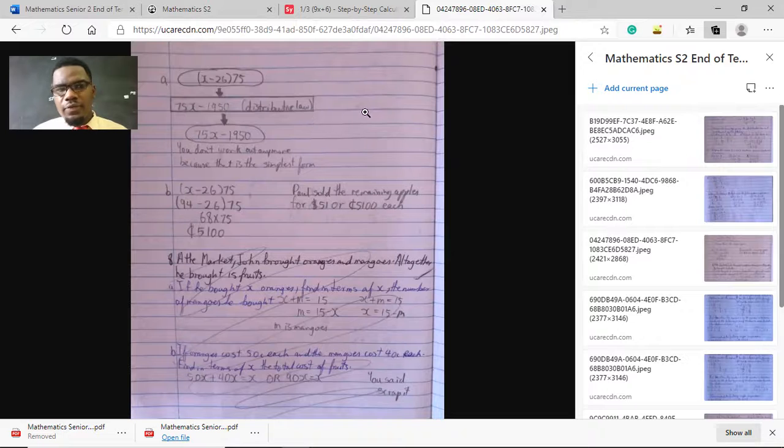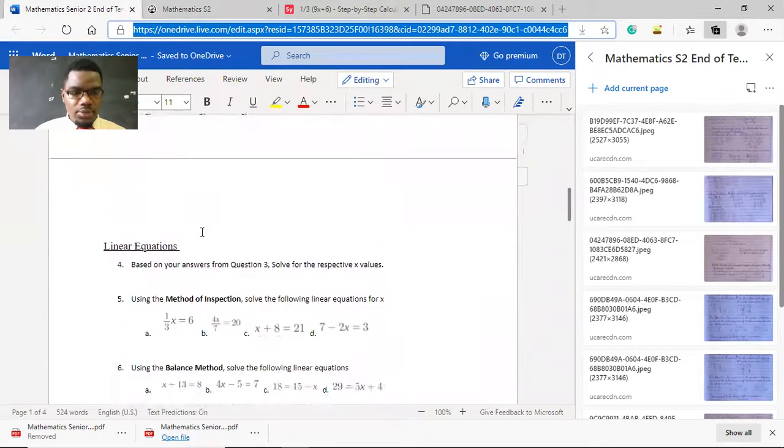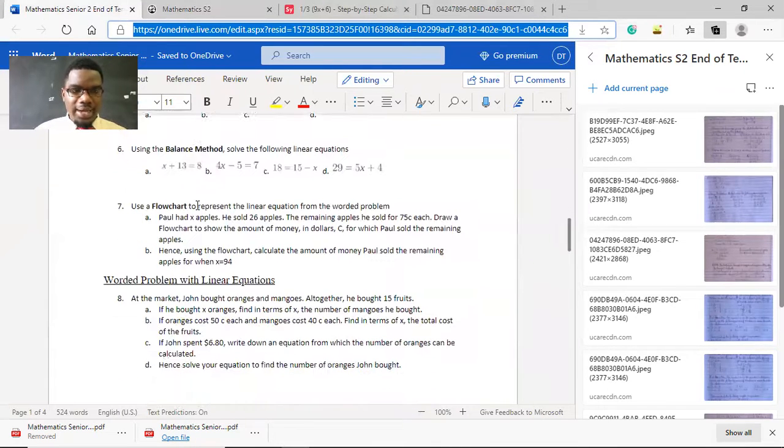If you can recall from the flow chart, I'll tell you the page in the next class, essentially what the question asks you is a worded problem. It says, Paul had X apples. He sold 26. First of all, if I have a bunch of things and I gave away some, what operation was done?